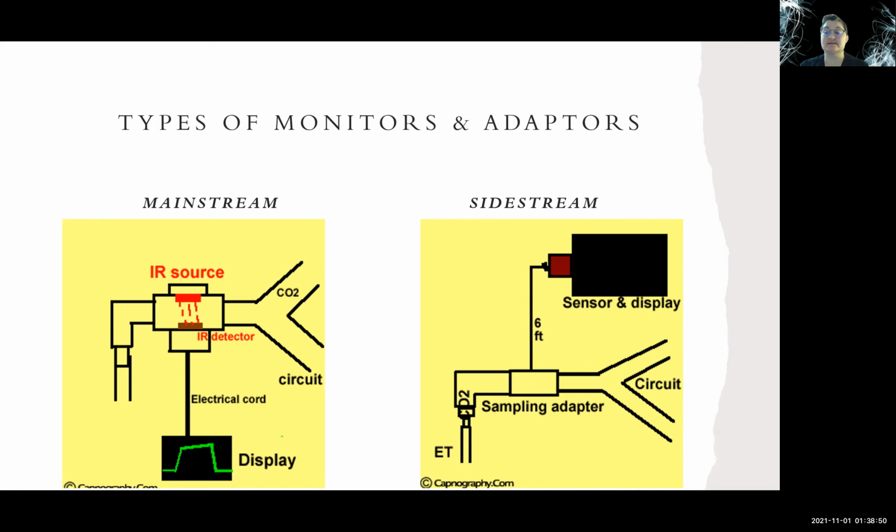This also means that the sampling tube can become obstructed, and any changes in water vapor pressure or pressures can cause an effect on the CO2 concentrations. Now, deformity of capnographs, especially in our younger patients, can be seen with side stream, and this is due to dispersion of gases in the sampling tubes and dilution of the gases due to fresh gas flow.